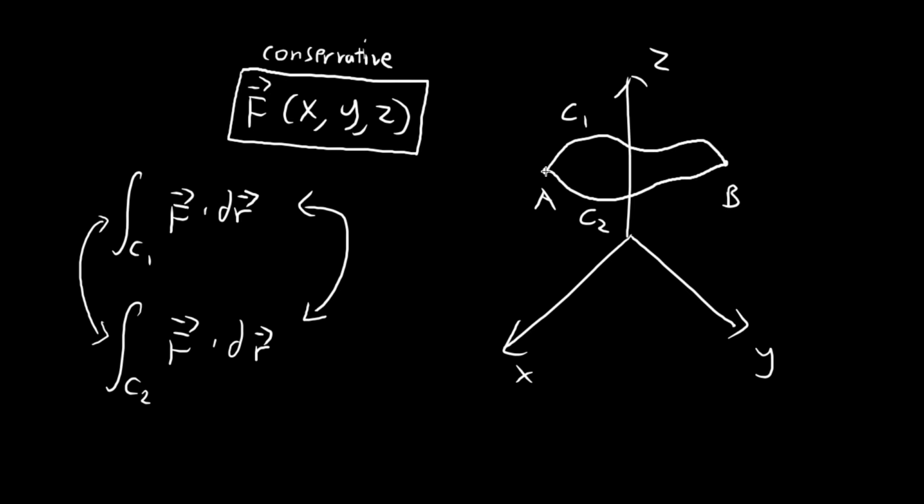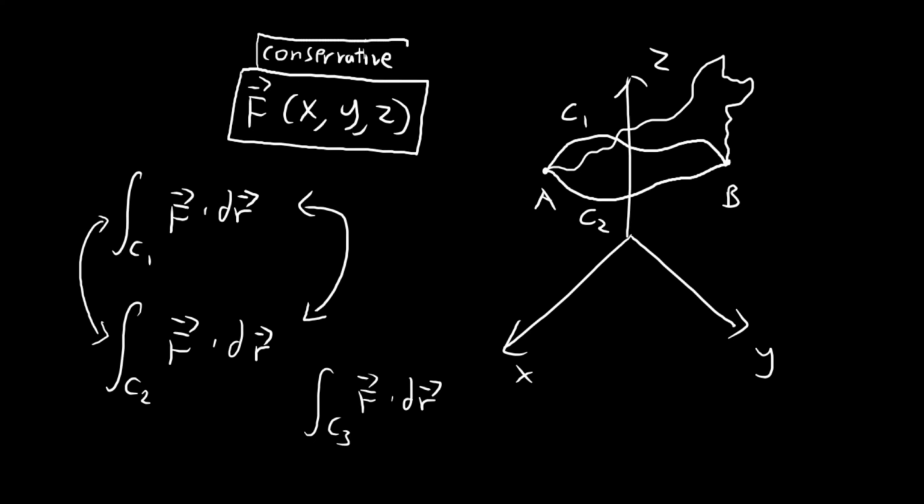And of course, if I draw some other path with a starting point A, and this path could be something completely crazy, and if it ends in point B, then because this vector field is conservative, we will know that this line integral will give you the same result as these 2 other line integrals. So that's what a conservative field is. A conservative field is a vector field where line integrals are path independent.